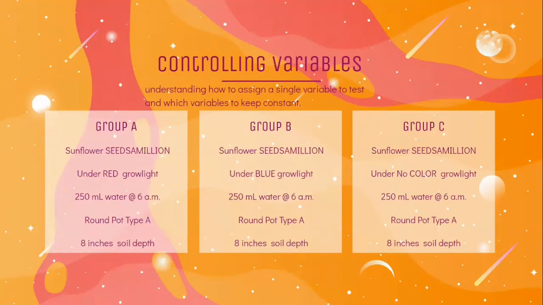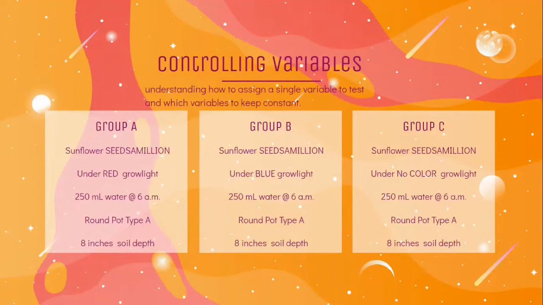Because if we introduce too many variables within an experiment, it will be inconclusive about why the results look the way that they do. And so if we can limit it to just testing one particular variable at a time, then we learn a lot about that one particular variable, and then we can associate it to how it leads to the overall idea of all of these variables interacting together.